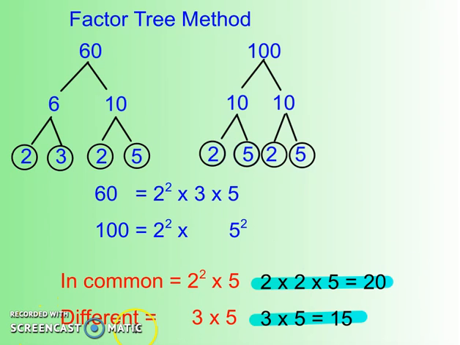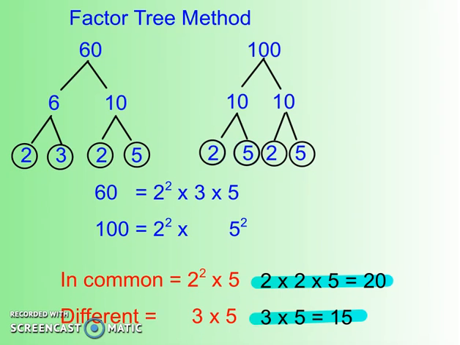Then over here, I wrote down the things that were different. Well, did you notice that this one has a 3 and this one doesn't? So that's different. And then this one has an extra 5 and this one doesn't. And I can even visually see that this has an extra 5 than this. And so I wrote that down. Well, 3 times 5 is 15.